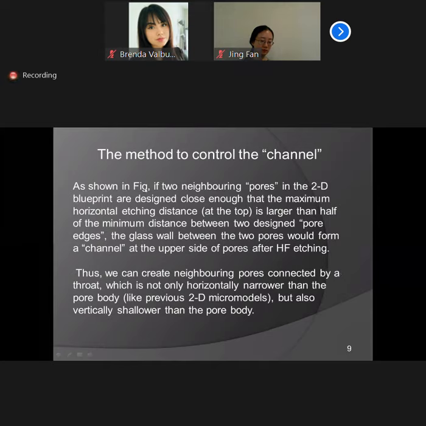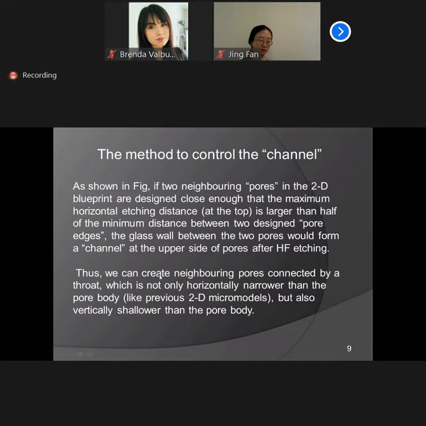As shown in the figure, they can control the etching for the pore distance. So the pore distance is different, the flow depth is different.